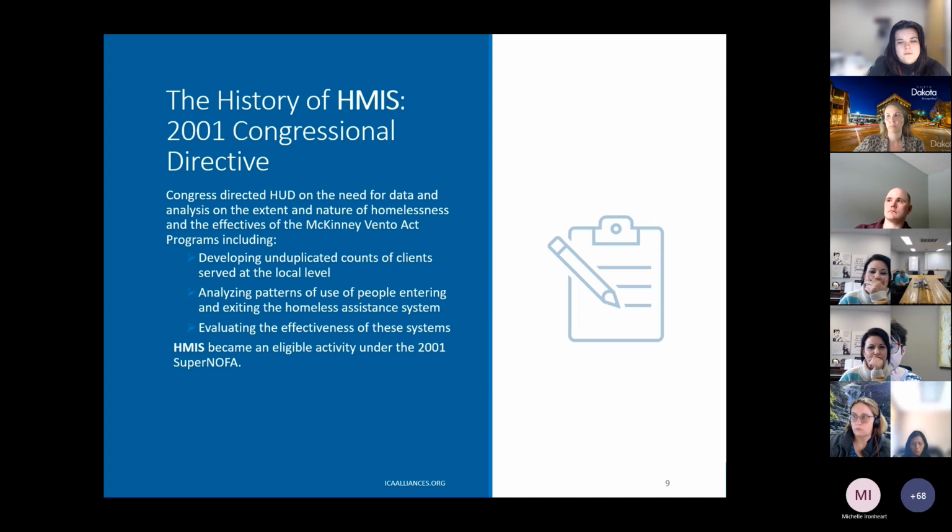When we evaluate that, we ask, why aren't you able to do that? Is it lack of resources, lack of housing in your community? Is it lack of funding? Do you need more funding? So it's looking at and evaluating all of that together to see what the effectiveness is.